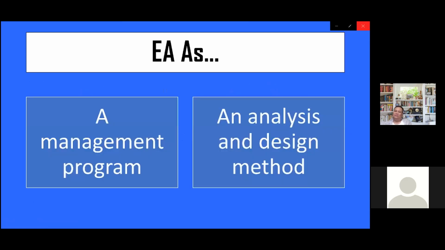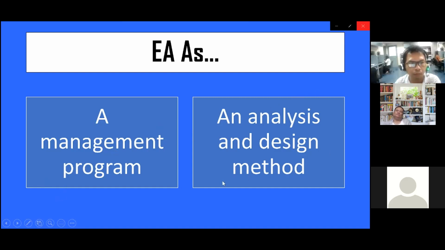So actually, we can look at EA in two distinct ways. These are both a side of EA. First, we can look at EA as a management program and also an analysis and design method. By the way, the book that I use here is Holistic Enterprise Architecture, the fourth edition, so more information can be found there.